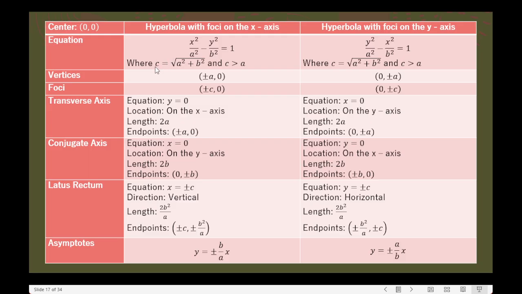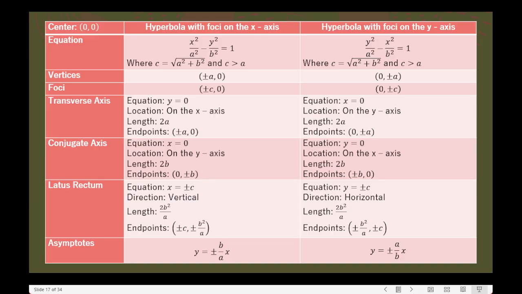Okay, where c is equal to the square root of a squared plus b squared, and c is greater than a. While here, the orientation of the hyperbola is vertically drawn because a squared is the denominator of y squared. Okay, nauna yung y squared bago ang x squared.